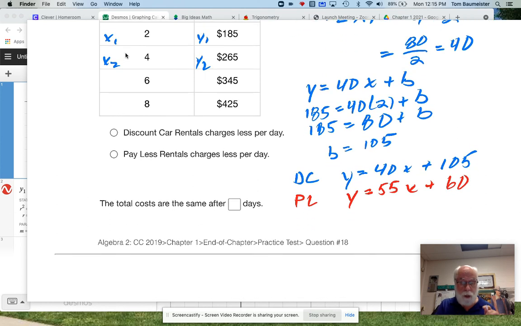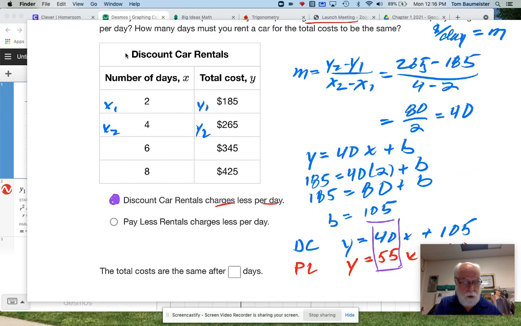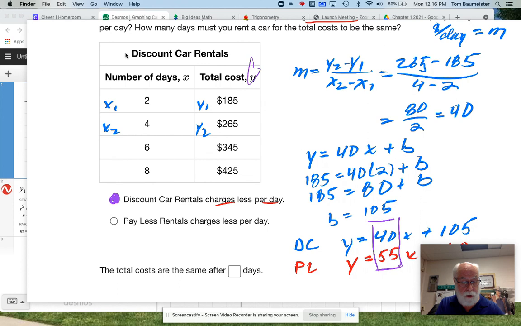Okay, so now I just told you, since it says charges less per day, that's money over day, so that gives us our slope. So you're going to compare the two slopes here. And as you can see, DC it's 40. For Payless, it's 55. So the only answer it can be is right there. Make sure you think of how it is. So it's money over day. Again, that's our y over our x, which is our slope.